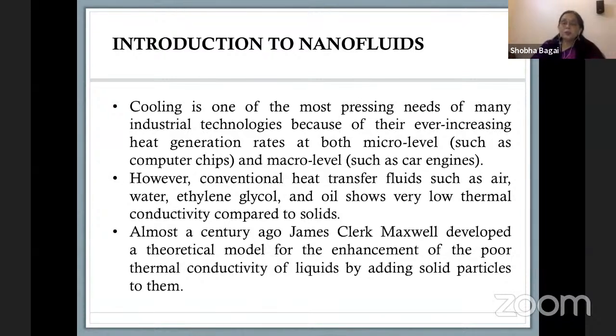Almost a century ago, in the beginning of the last century, Maxwell developed a theoretical model for enhancing the poor conductivity of liquids by adding certain solid particles to them. These solid particles were small metallic particles.